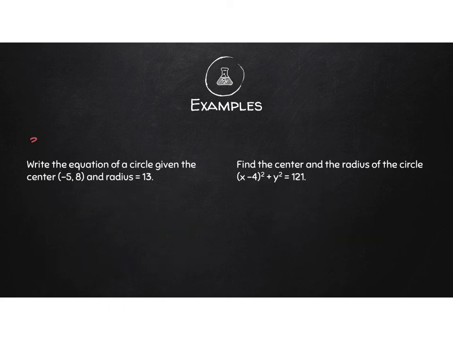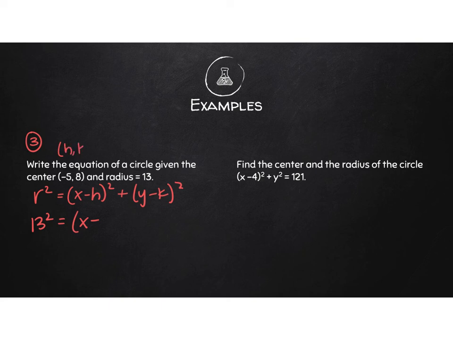Let's take a look at 2 more examples. So example 3, write the equation of the circle given the center and the radius. Again, r squared equals x minus h squared plus y minus k squared. We're going to substitute in what we know. Radius is 13 squared equals x minus h. Remember, our center is h comma k.